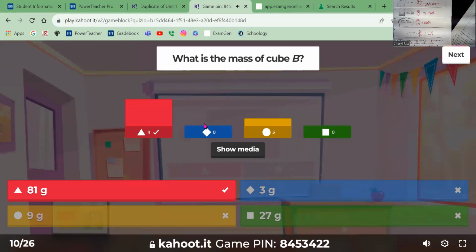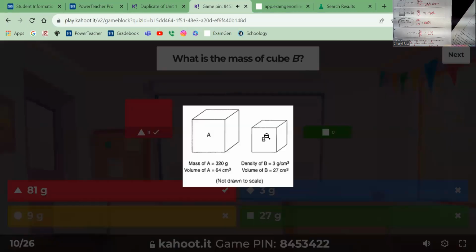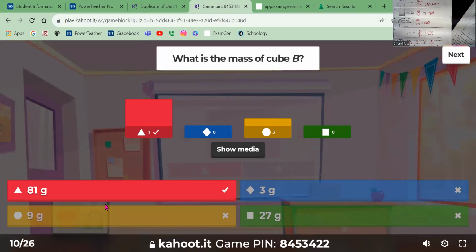Okay, so remember, mass is density times volume. So you would have taken density 3, volume 27, multiplied them together, and that gave you 81. You divided if you got 9. Magic triangle, M on top.